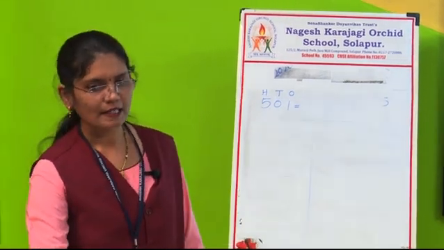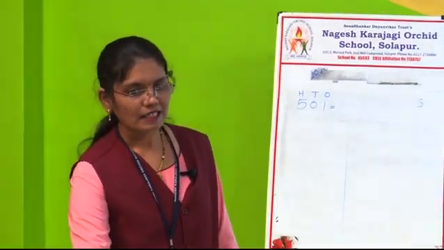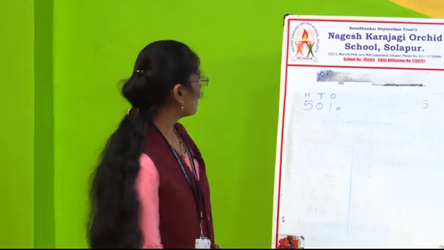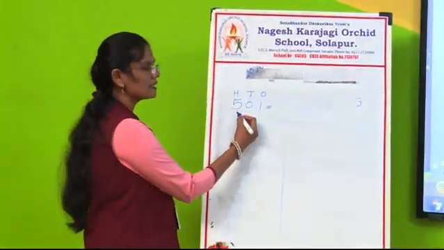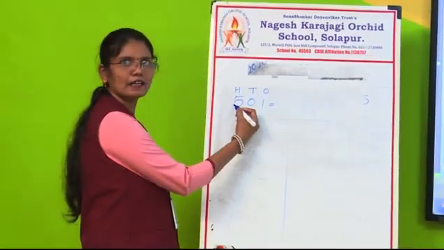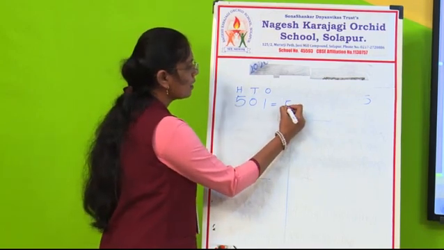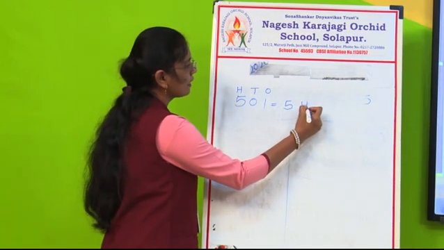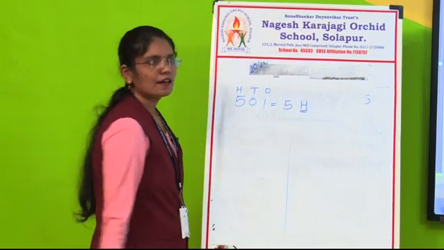Now 501. In this number, how many hundreds are there? Yes, 5 hundreds are there. So we will write here 500. H means what? 100.